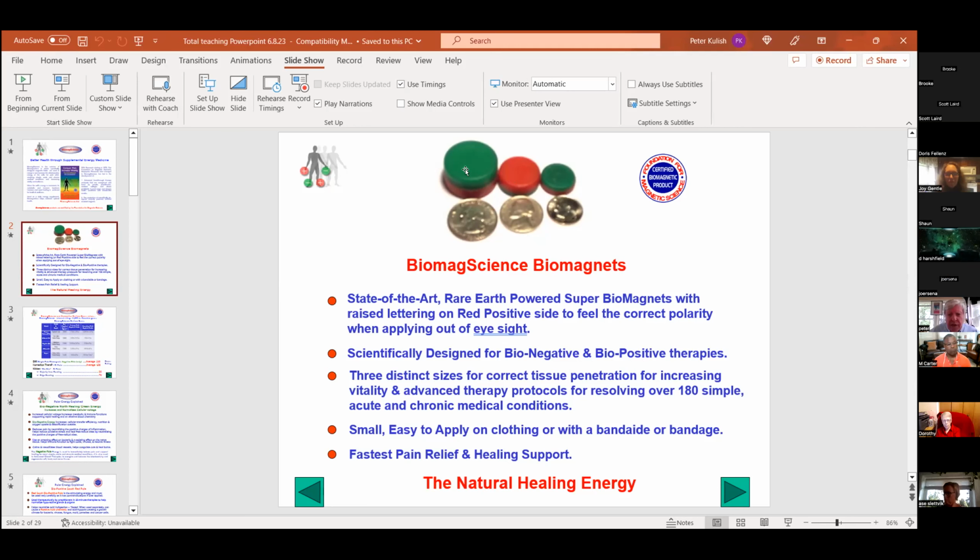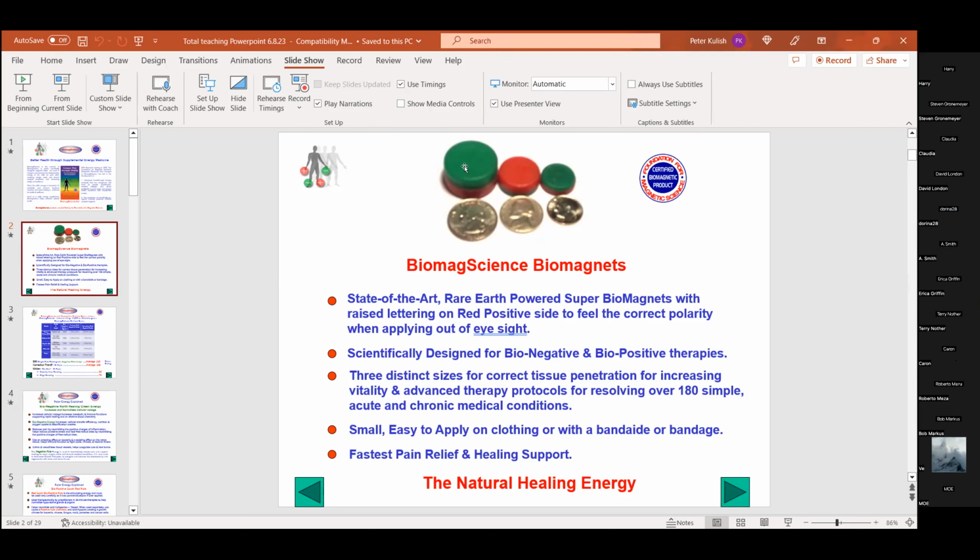And the one to the left, the big one, the super, is very powerful. We use that for deep penetration, for fatty livers or if there's aberrant cell growth, and we want to introduce a massive amount of negative charge into the area. That's when we use the supers.